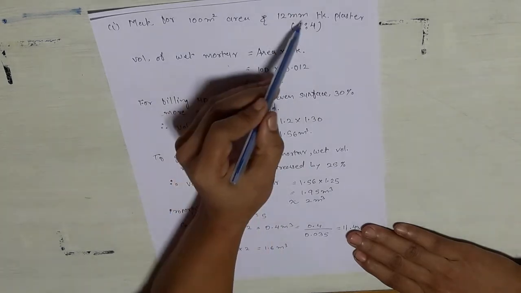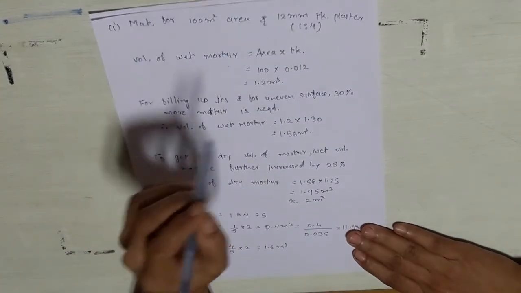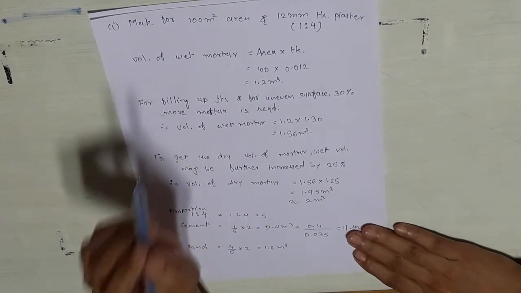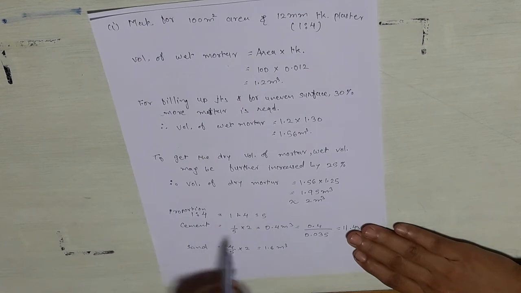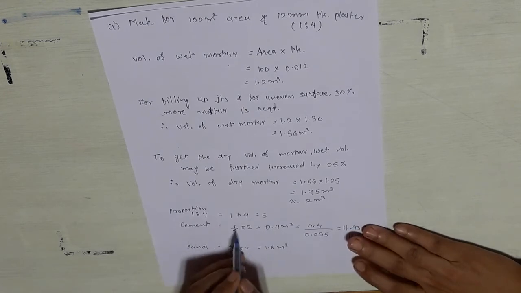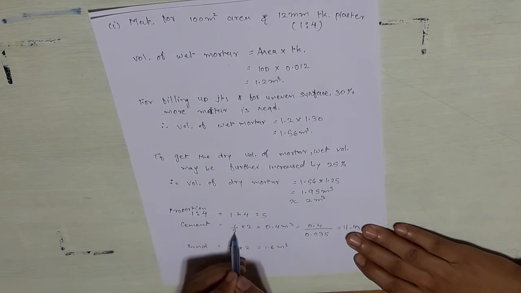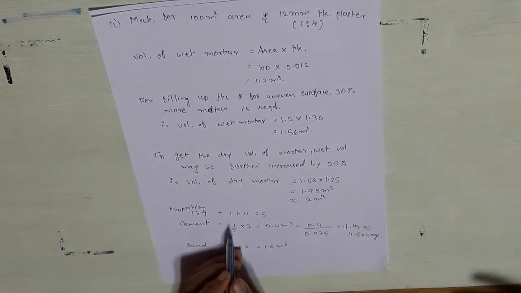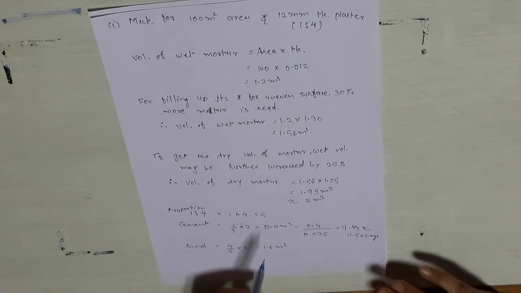Here the proportion given is 1:4, 1 part cement and 4 part sand. So 1 plus 4 is equal to 5. For the cement quantity, 1 divided by total 5, multiplied by the volume of the dry mortar, 2 meter cube.